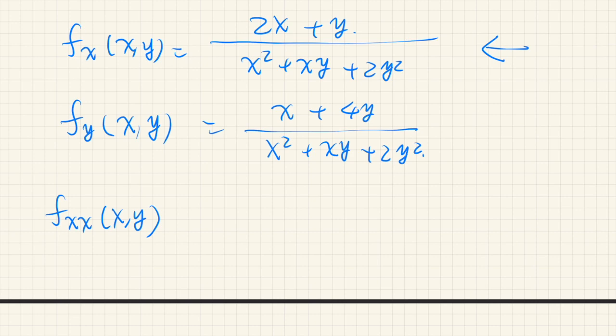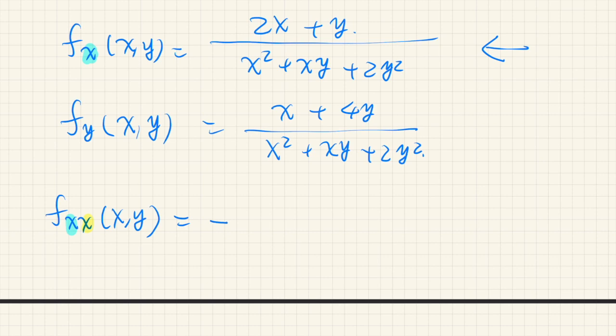By the way, this first x corresponds to this first derivative, and the second x corresponds to the second derivative. Okay. Anyway, so if we differentiate it using the quotient rule, I will just give you the answer.